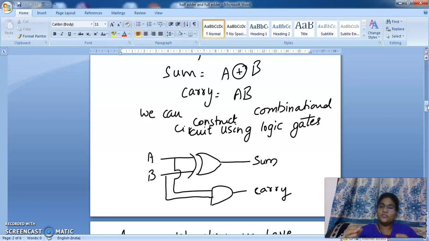If we construct these 12 NAND gates on a breadboard, the disadvantage is that a short circuit may occur and we will not get the output accurately. That's why we are not using only the basic logic gates, but we are constructing using XOR and OR, like that, and we are constructing these combinational circuits, adder and subtractor.